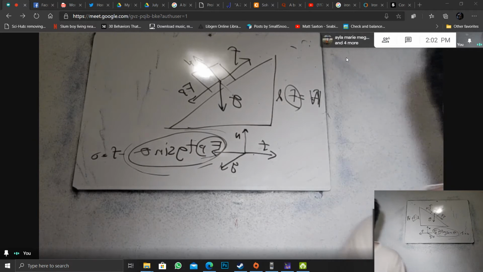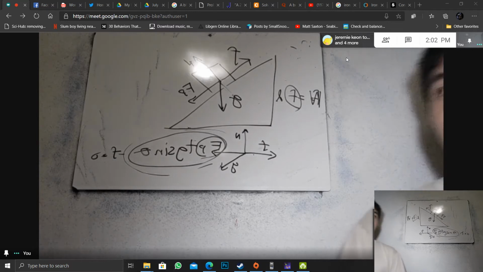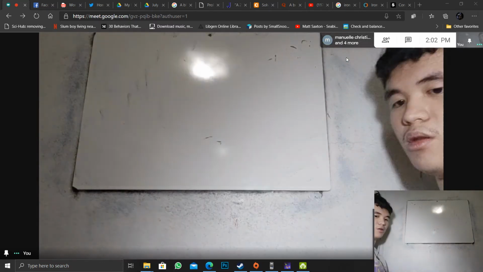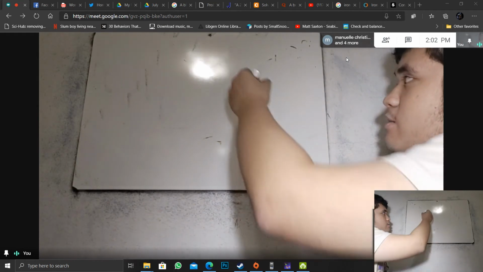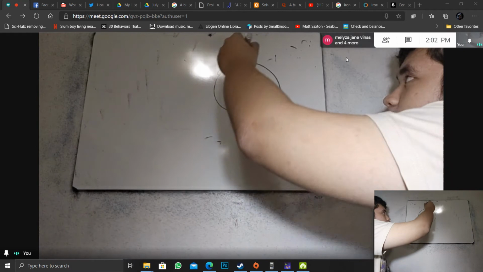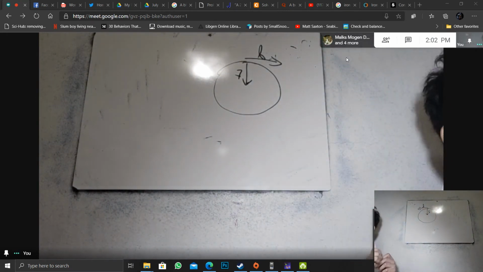Next, number 9. Circular motion. Di ba? Paano nga ba gumagana yung circular motion? Ang force mo is towards the center. Tapos ang displacement mo is perpendicular, di ba? No work is done. Number 10.